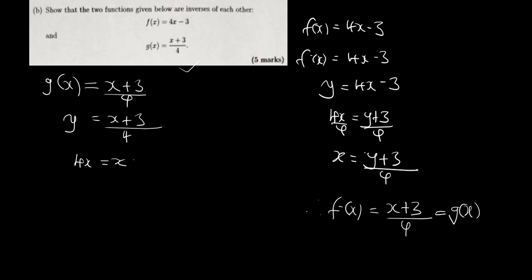So now we'll say therefore g inverse of x is equal to, by the way, I've forgotten something here. But when you finally substitute, that will be 4x minus 3 like that. So we have seen that this is equal to f of x.